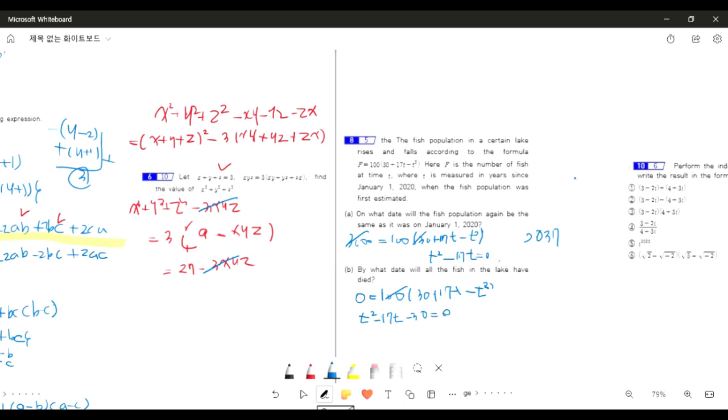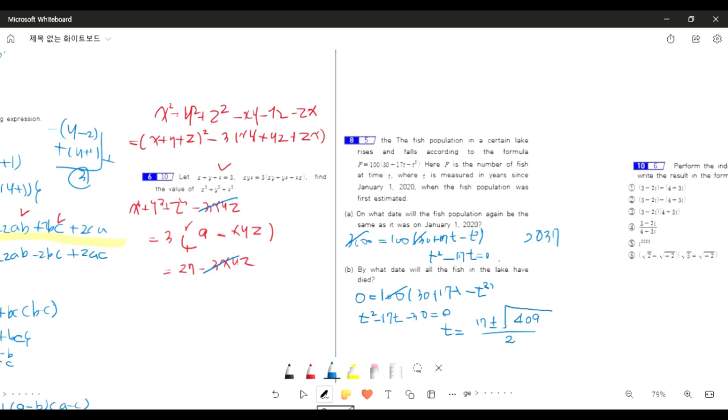So you should use the quadratic formula. t equals 17 plus or minus the square root of 289 plus 120, which is 409, divided by 2.